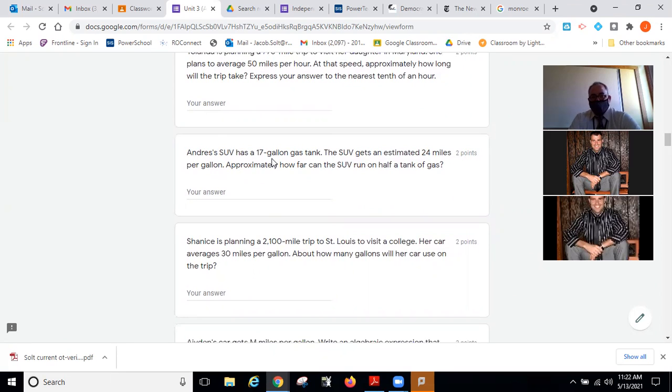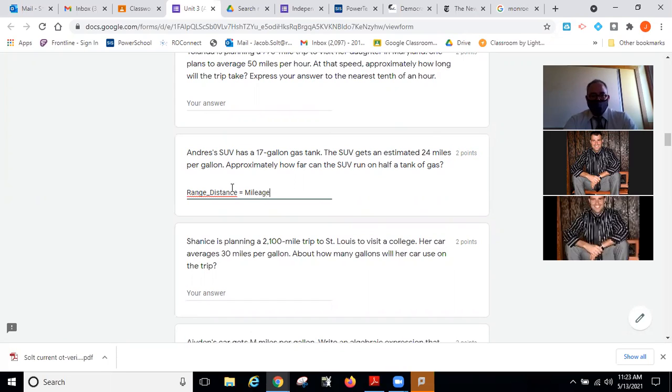Andre's SUV has a 17-gallon gas tank. The SUV gets an estimated 24 miles per gallon. Approximately how far can the SUV run on a half tank of gasoline? Okay, so it's going to be distance. I'll call this range. Range distance. Range means how far can the car travel on a particular amount of gasoline?